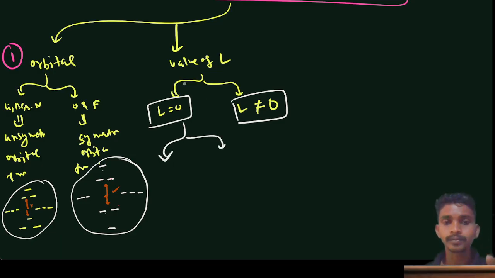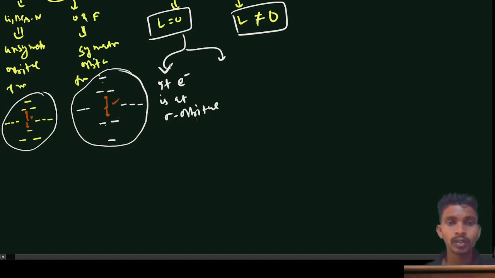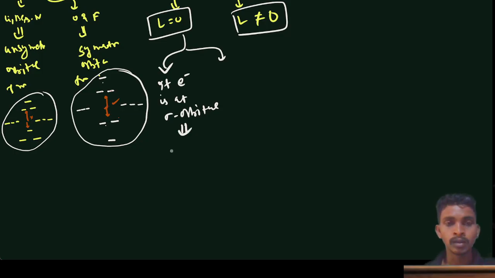If the electrons are in sigma orbitals, then we will see it is always a positive value.